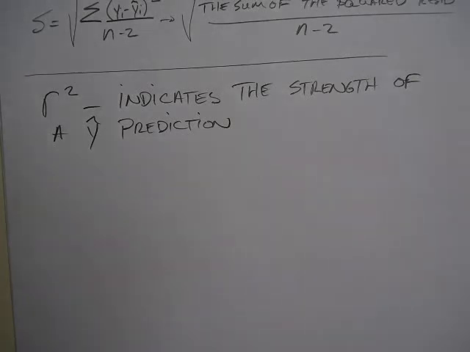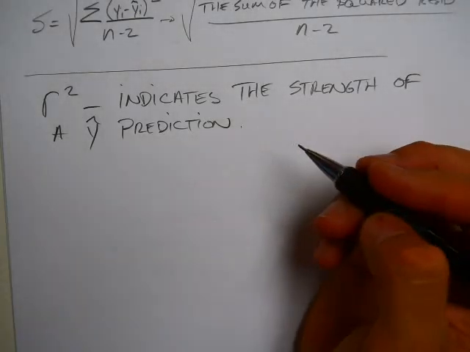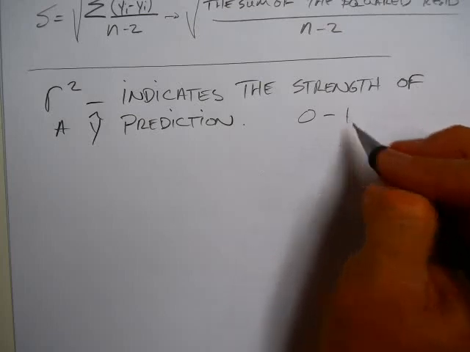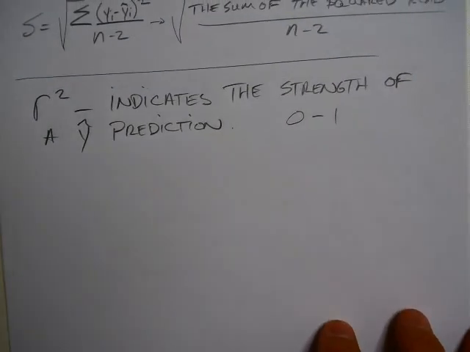And it literally is just the r value squared. There's no secret about it. So your range of values are going to be between 0 and 1. No negatives in this case.